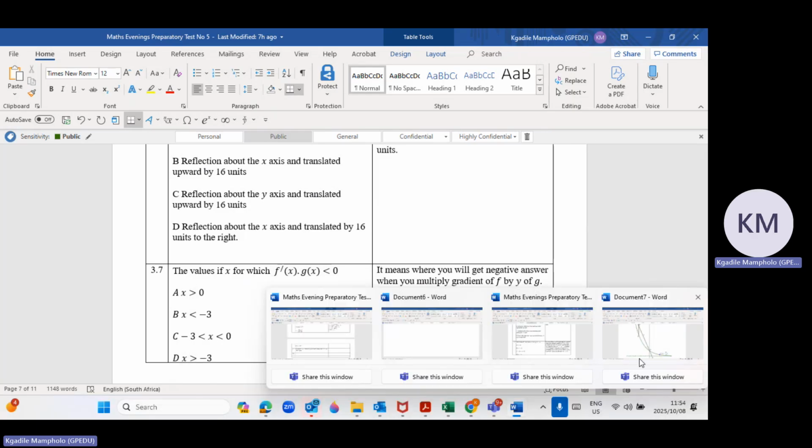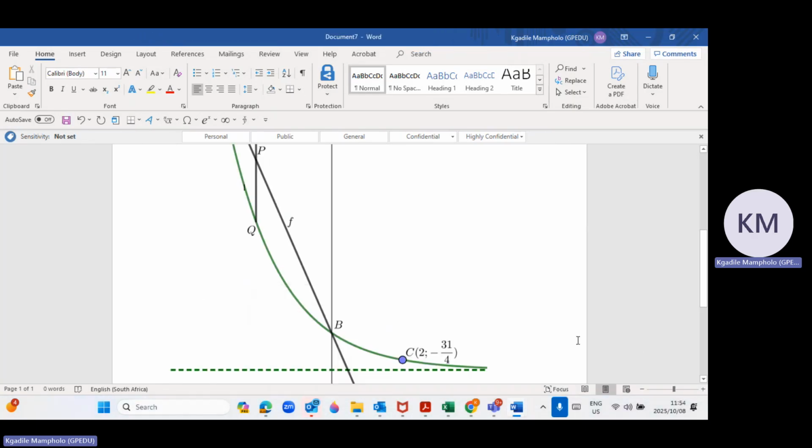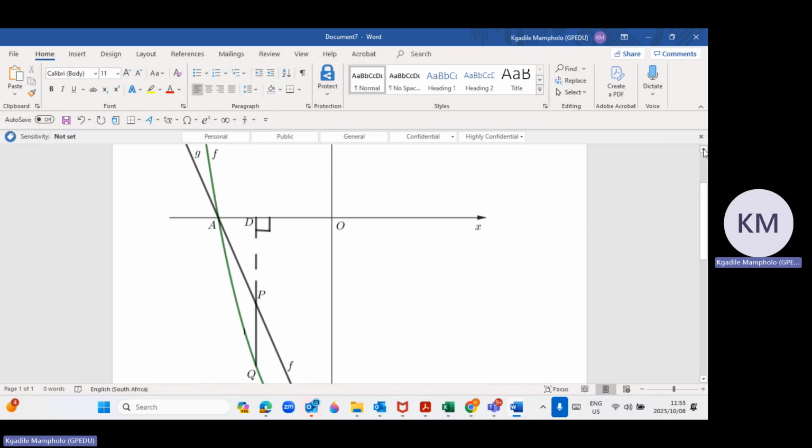Let's look at this. Where is G positive? G is positive here. When we say where g of X is positive, we mean where y of G is positive. Y of G is positive on the left of A, and X here is negative 3. So we say when X is less than negative 3, the Y will be positive and the gradient is negative.